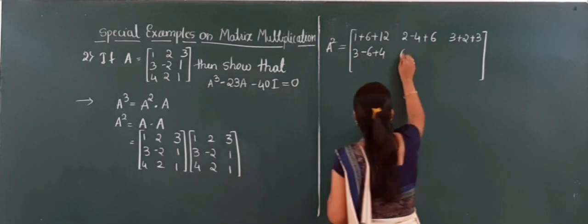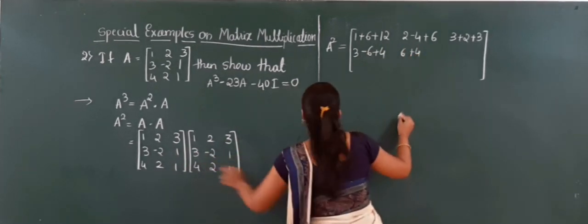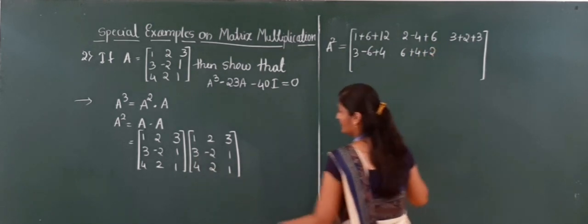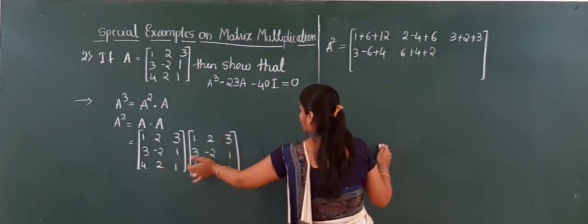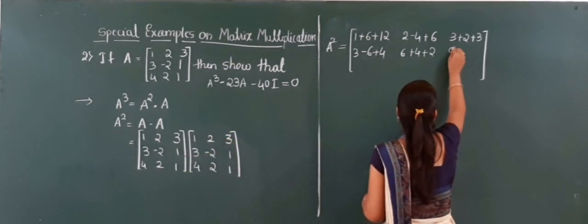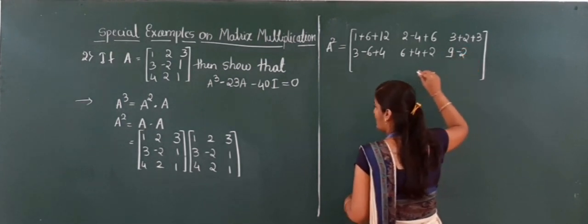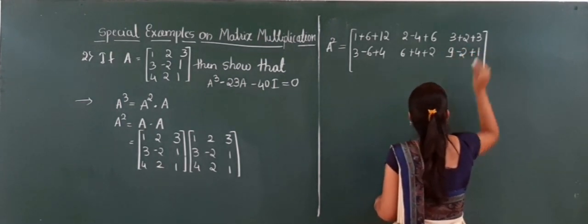Second row, second column: 3 2s are 6, minus 2 into minus 2 plus 4, 1 into 2, 2, 4. Next second row, third column: 3 3s are 9, minus 2 into 1, minus 2, 1 into 1, 1.